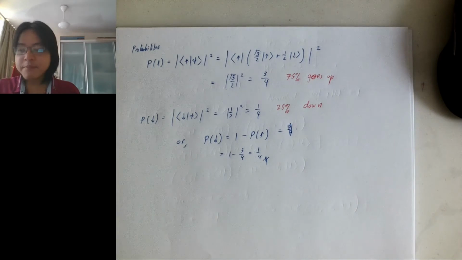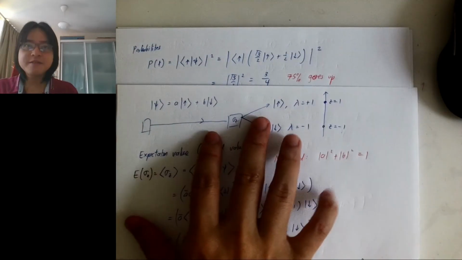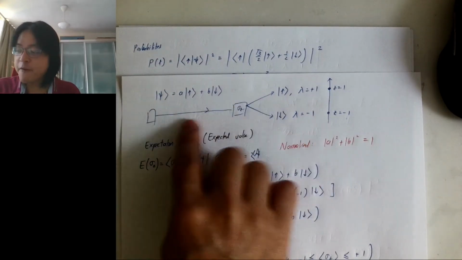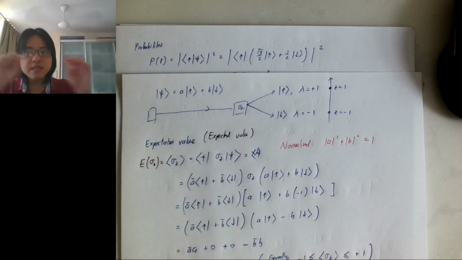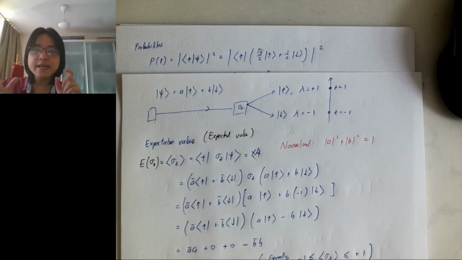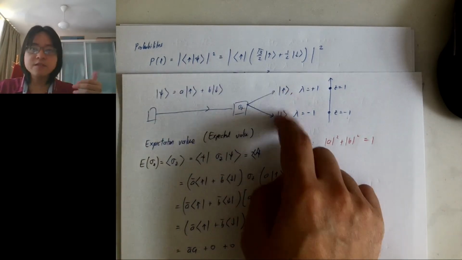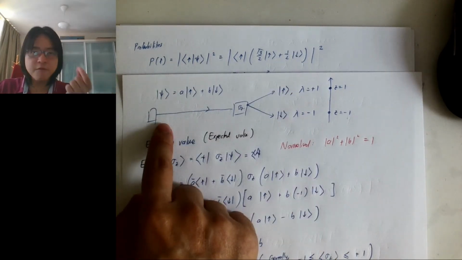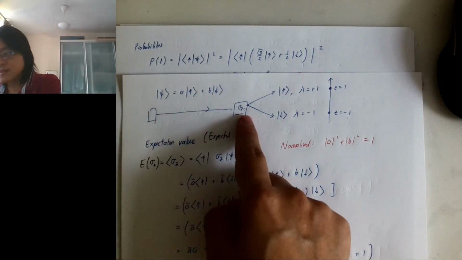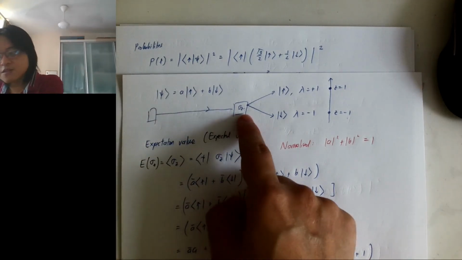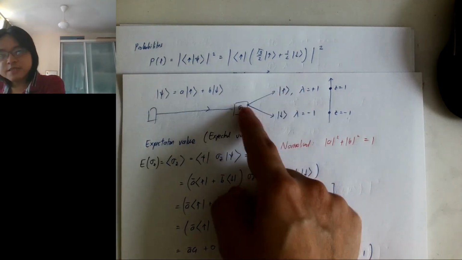But again, let me emphasize the weird philosophical weirdness about this. Before passing through the measurement, each atom is in a superposition state. So for any given atom, you don't know whether it's going to be up or down. But for one atom, after passing through this, there is a 75% chance to go here and a 25% chance to go here.